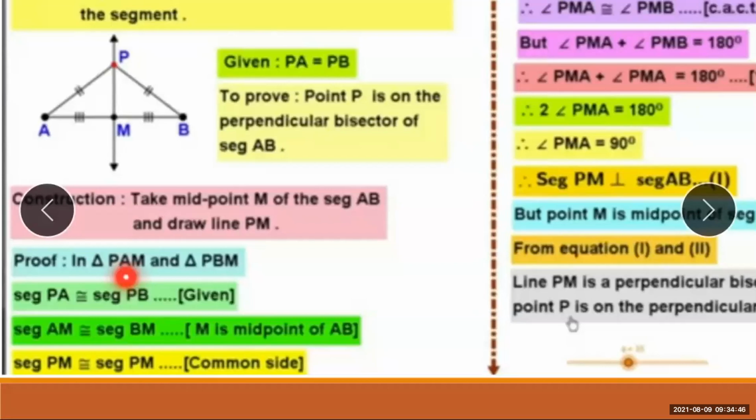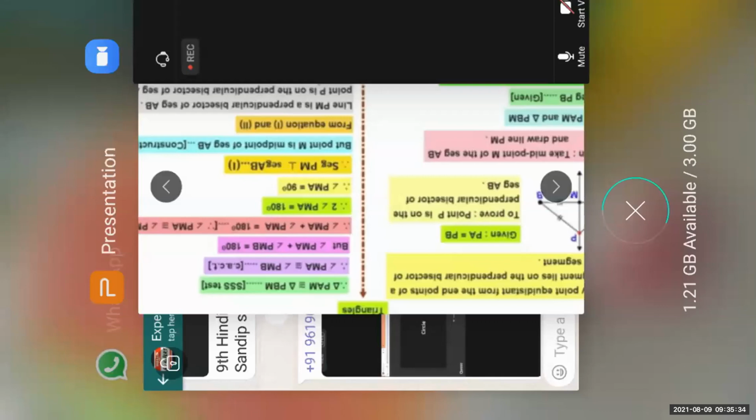All are sides that we use to show them congruent. Students, in these two triangles we find that all the segments of both the triangles are congruent with the corresponding segments of the other triangle. So side, side, side.